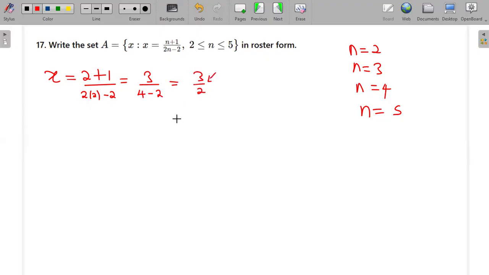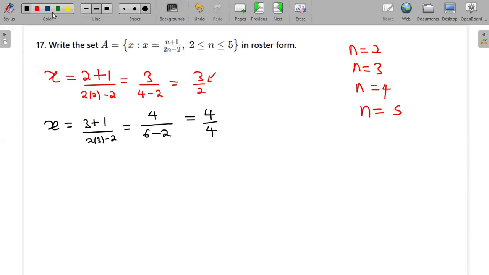So this is the first element in set A. Okay, and then let's find the second one. The second one will be x equals 3 plus 1 over 2 multiplied by 3 minus 2, which will just be 4 over 6 minus 2, which will just be 4 over 4. So this will be like a 1.